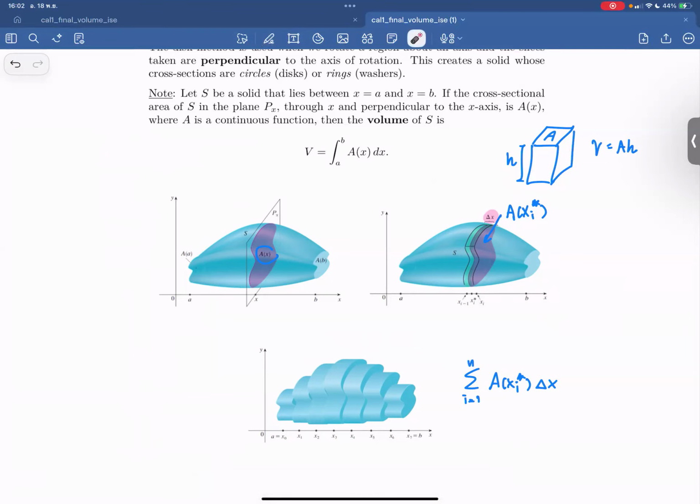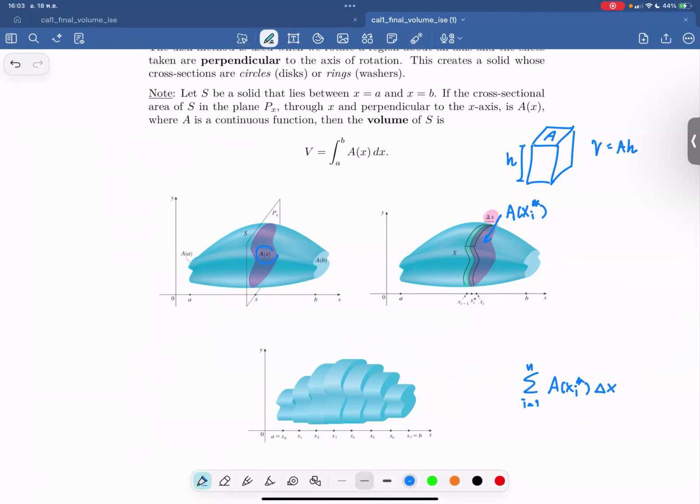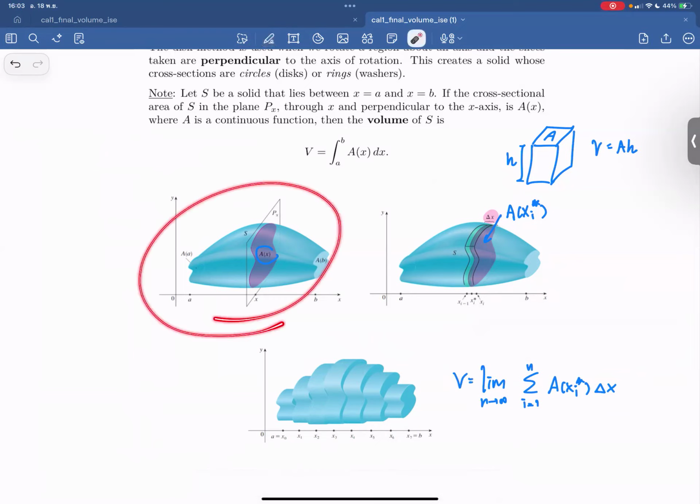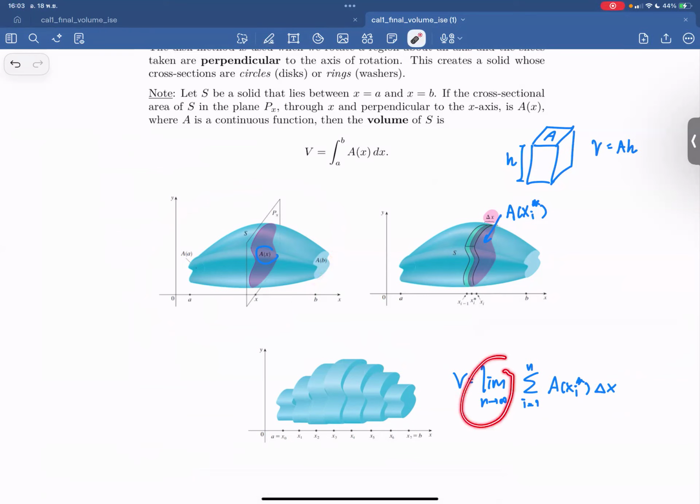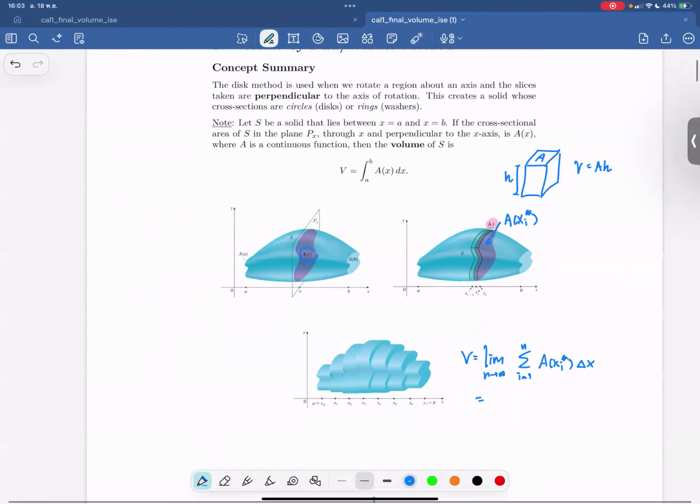Next we try to reduce the error of the volume, so we take the limit of n to infinity. So this is the volume of the shape. The limit of n tending to infinity combined with the summation gives us the integral.